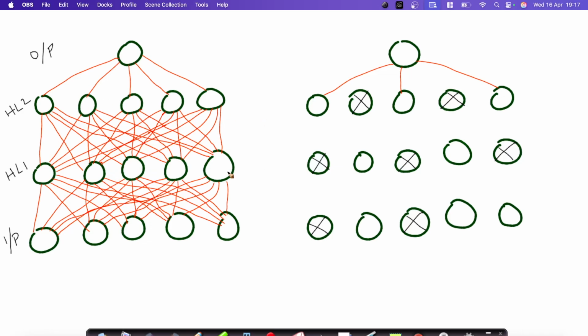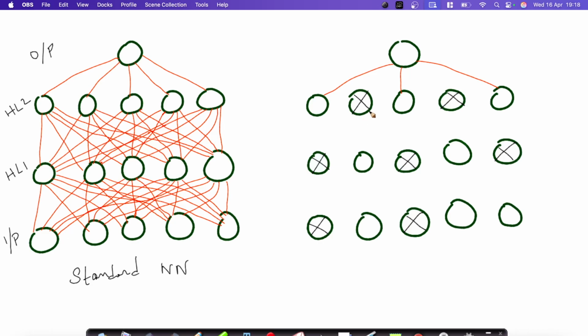This is a standard or normal neural network, which will normally overfit because of so many dense connections. We have already seen in the last video why deep neural networks actually overfit.